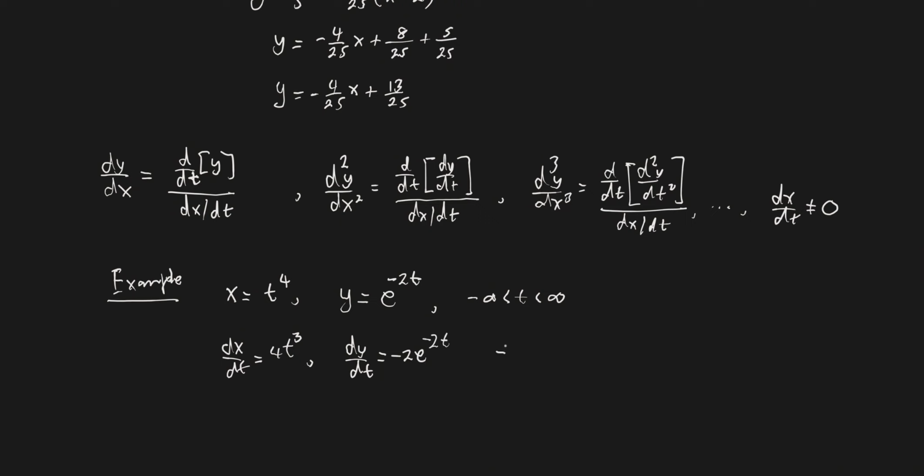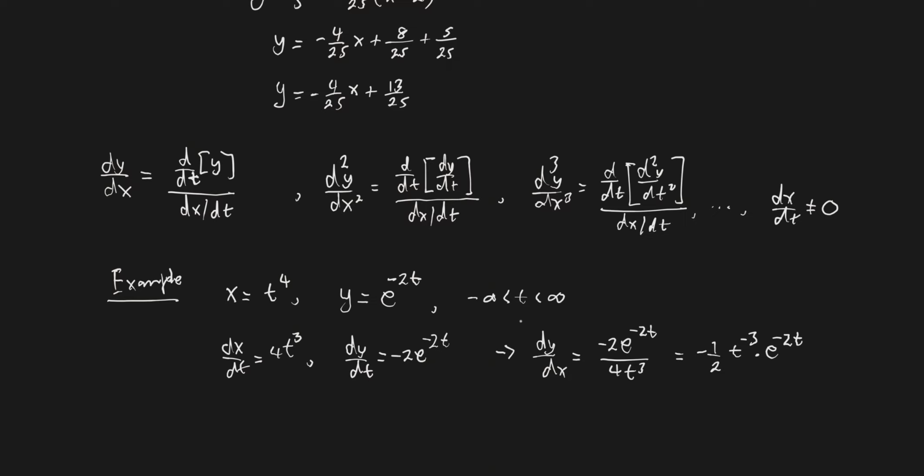So from this, let's write down the first derivative. dy/dx is the y derivative divided by the x derivative, so over 4t cubed, and then we can reduce this and end up getting negative 1/2 t to the negative 3 times e to the negative 2t. All right, so that's our first derivative.